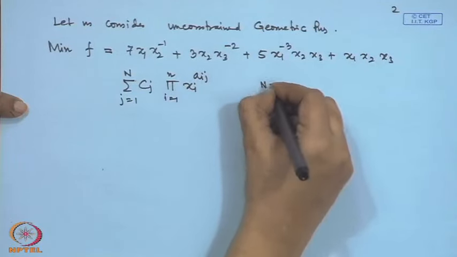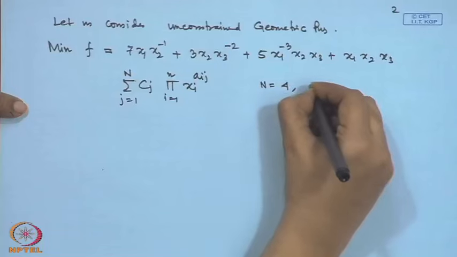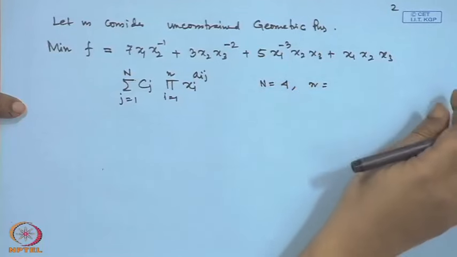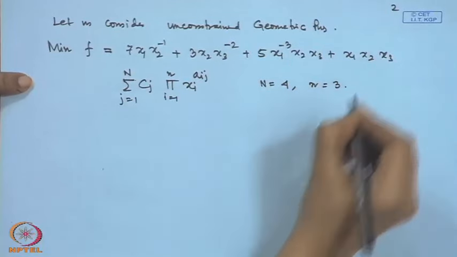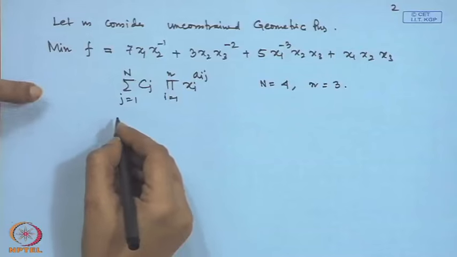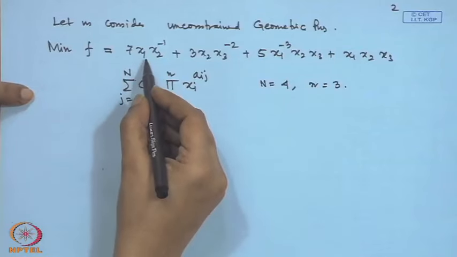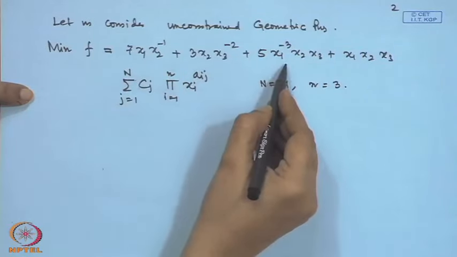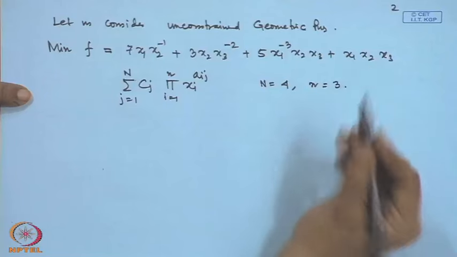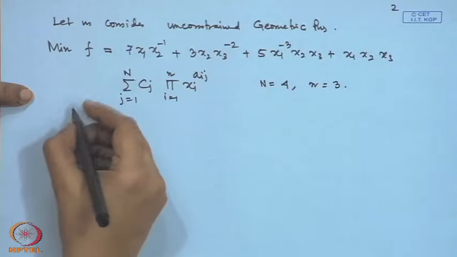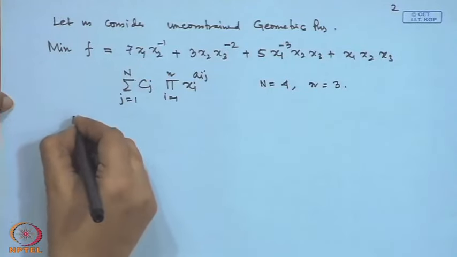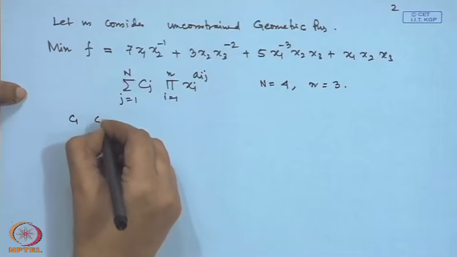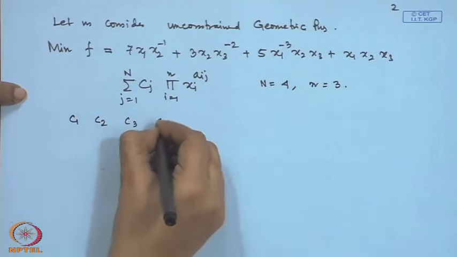Here capital N, the number of terms, is 4, and small n, the number of decision variables, is 3. Now we can say this is the first term u1, this is u2, this is u3 and this is u4. Then for u1 the coefficient is c1, the coefficient of u2 is c2, and then c3 and c4.